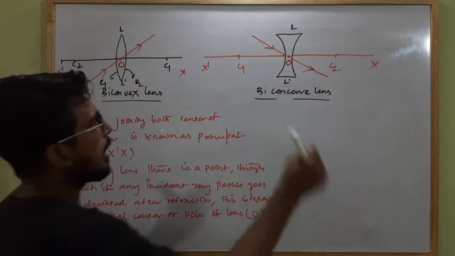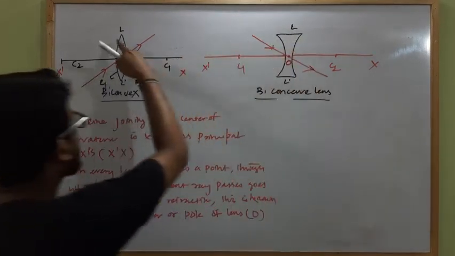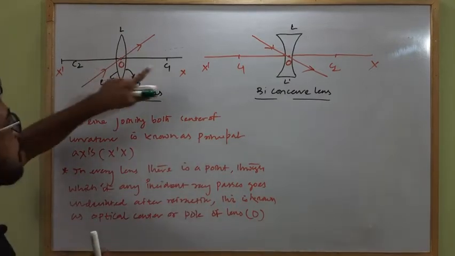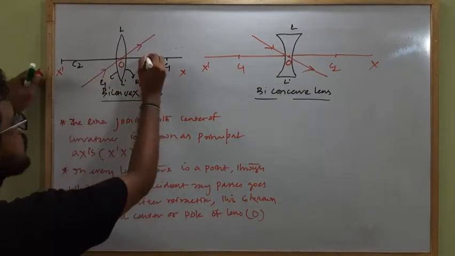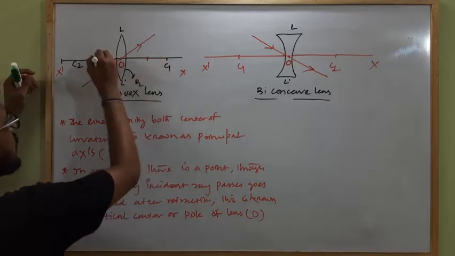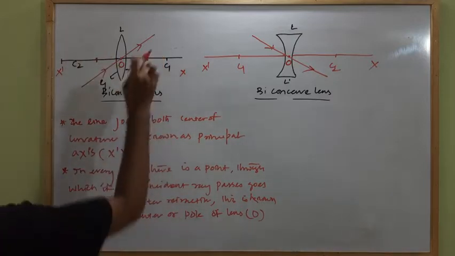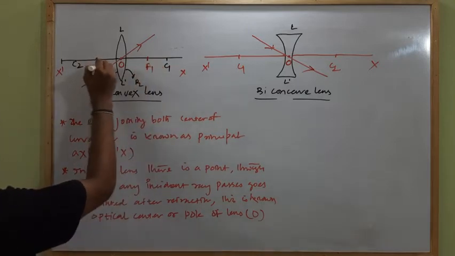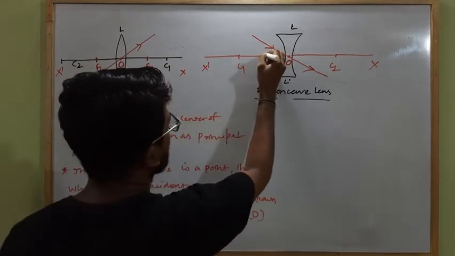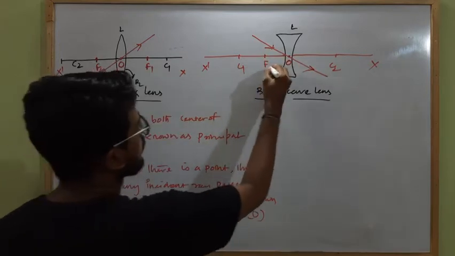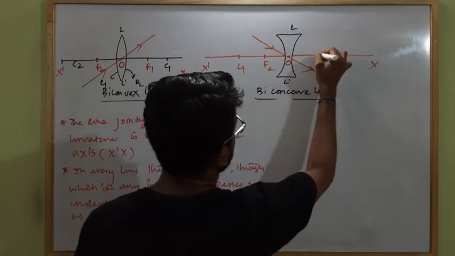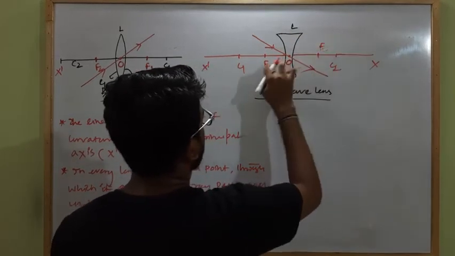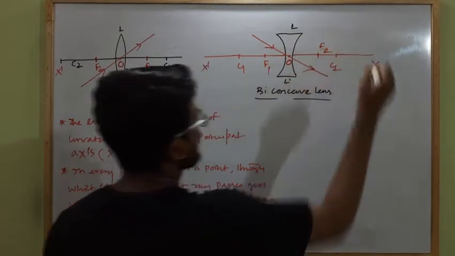Clear? Again, as a lens is made of two spherical refracting surfaces, there will be two focus because there are two centers of curvature. So there are two focus which are the midpoint of the radius of curvature. Clear? If this one is C1, so this will be F1. If this one is C2, this will be F2. In both the cases, there are two midpoints of the centers of curvature which are the focus for the two spherical refracting surfaces. One is F1, another one is F2.